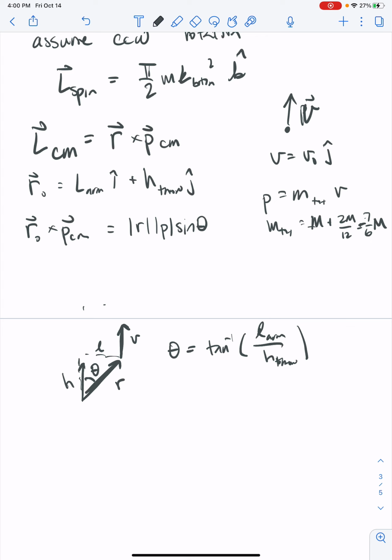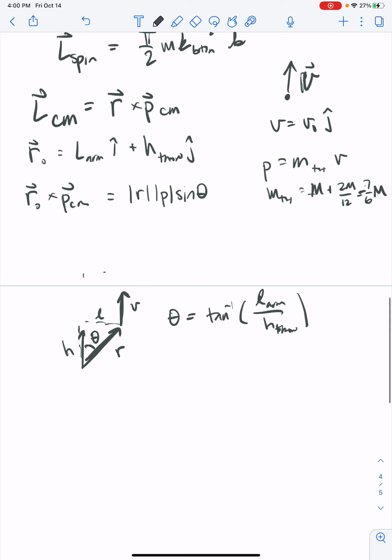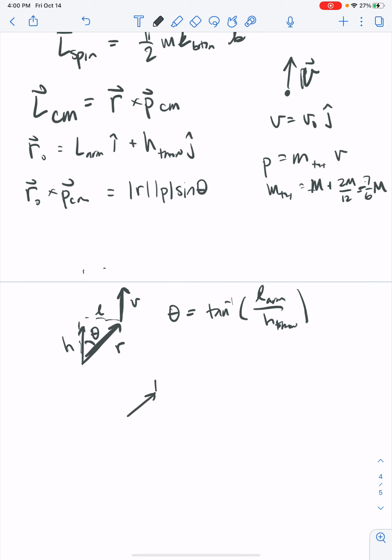And then the direction of this momentum is going to be in a direction that comes out of the page also, right? L is out of page, so also positive k hat direction.